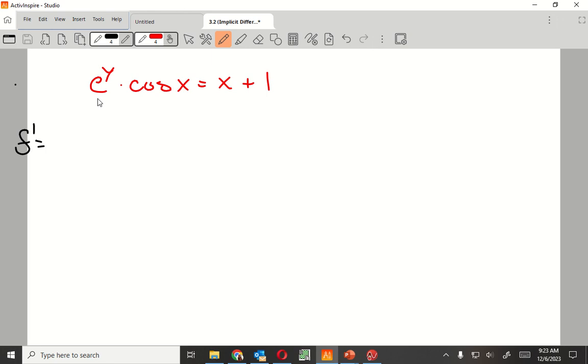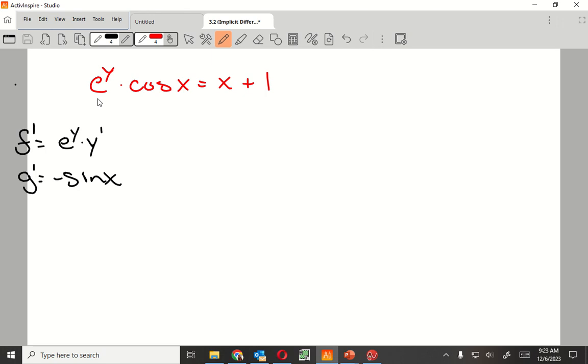So it means the same thing. I want to show you both, but my preference is the Leibniz notation of dy dx. So this is going to be e to the y, y prime. G prime: the derivative of cosine x is going to give me, perfect, negative sine x. All right, so let's go through. It's going to be f prime g.